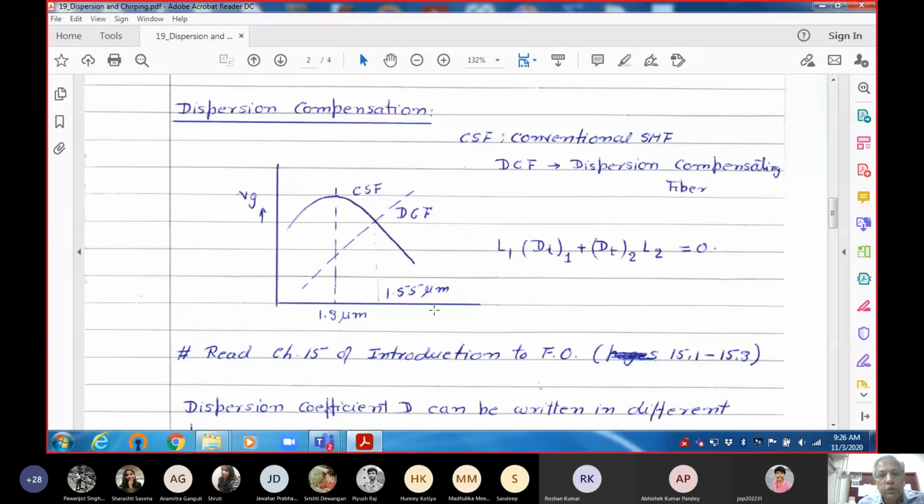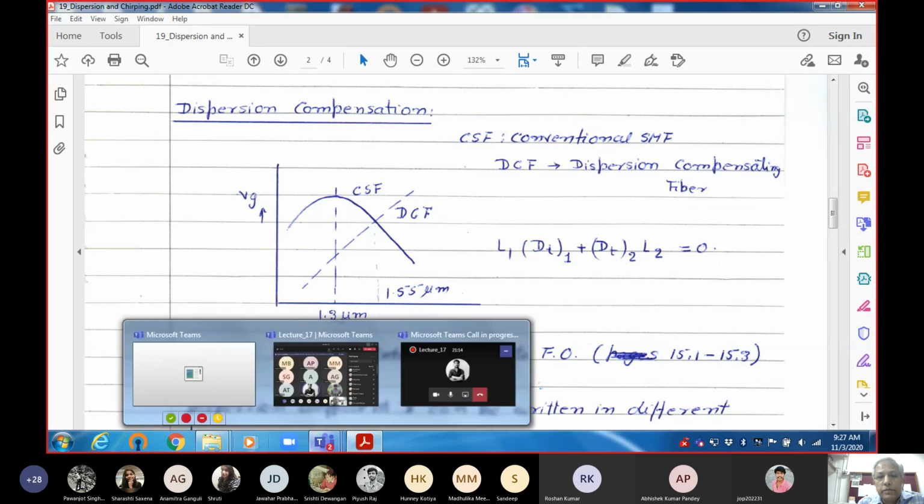A very short length of such a fiber, if spliced in the communication link, would be able to compensate the positive dispersion developed in the fiber link over a very long length. Such a fiber is known as dispersion compensating fiber.